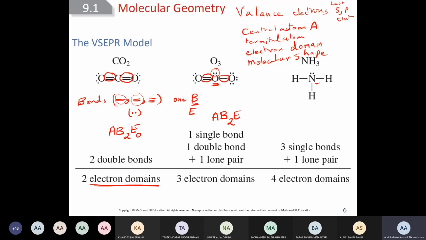So this will be E1. These are unshared electrons.